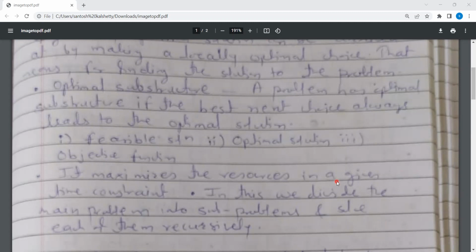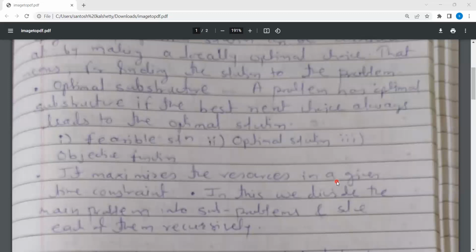This is important from the exam point of view. The exam asks: what are the characteristics of greedy method? First is greedy choice property. Second point is optimal substructure. In this optimal substructure, the points are feasible solution, optimal solution, and objective function.